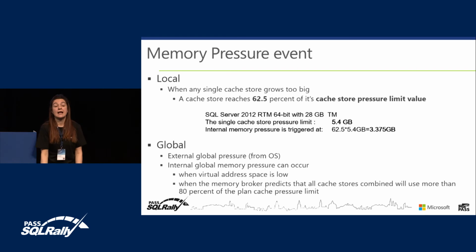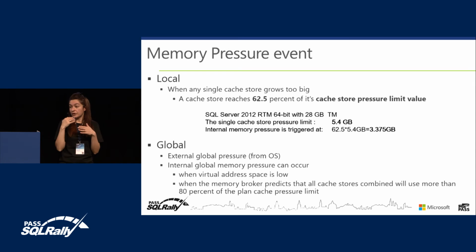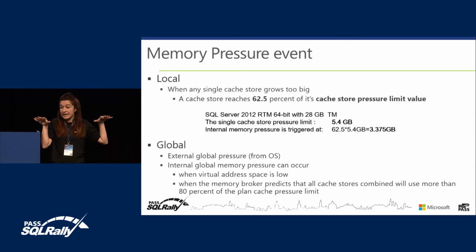Then they start to compete for memory at a specific point of time. SQL Server gets a memory pressure from the operating system, and it starts to remove the plans from cache. It is considered a general memory pressure event because it is executed against all caches inside SQL Server, not just a specific cache store.